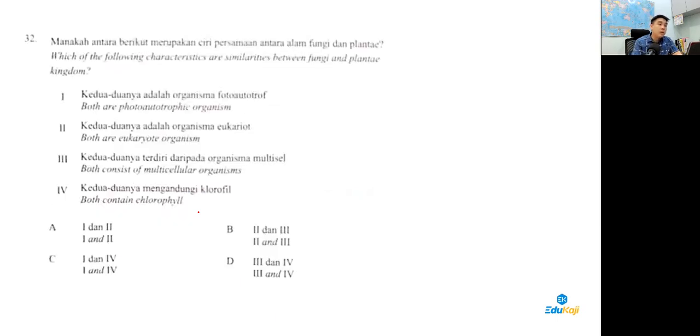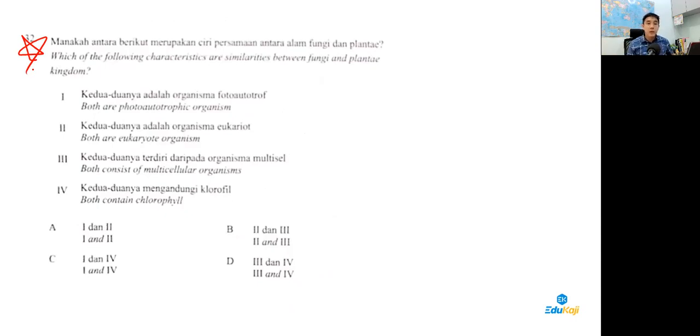Okay, 32. Which of the following characteristics are similarities between fungi and plantae? Draw one star. This is quite a good question because when you move up to pre-U next time, A levels, STPM, foundation, diploma, they always compare fungi and plantae.